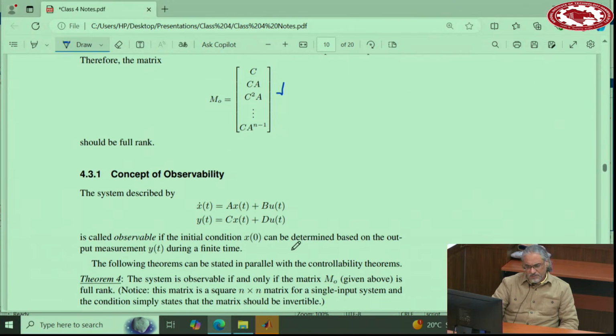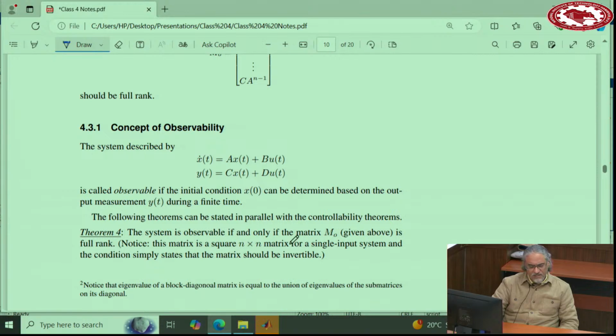So observability basically means that you can estimate the state from input and output, right? So mathematically, the definition is, we call this system observable if the initial condition x0 can be determined based on the output measurement during a finite time.